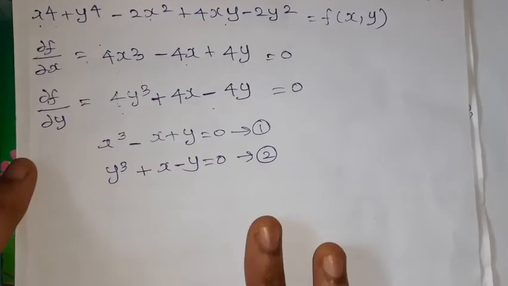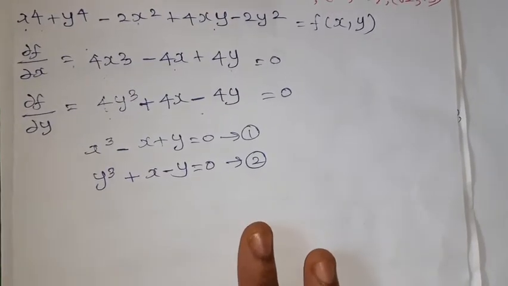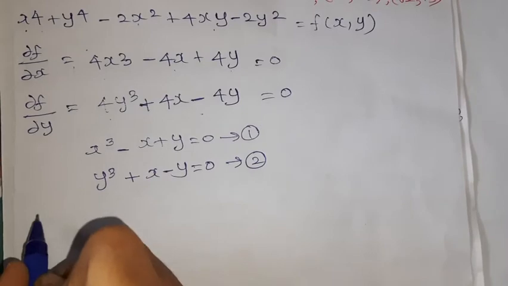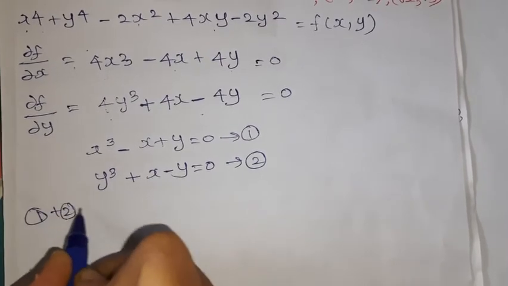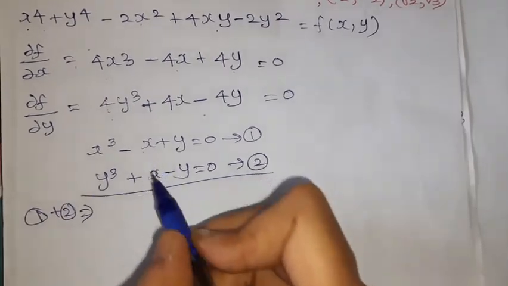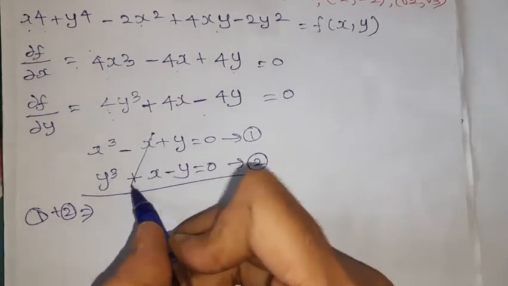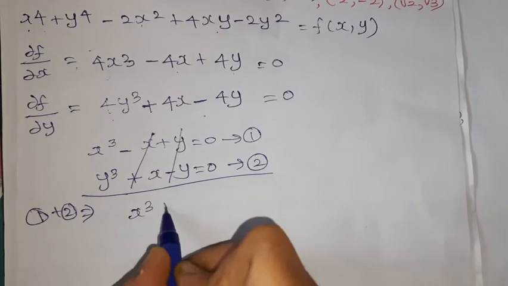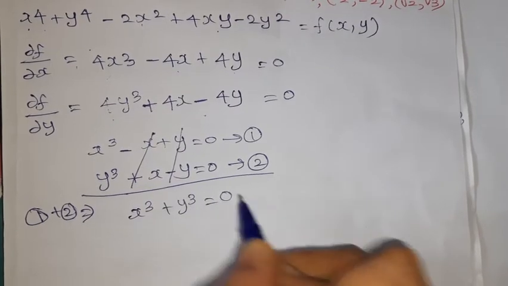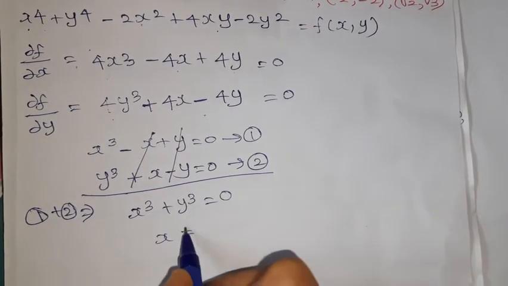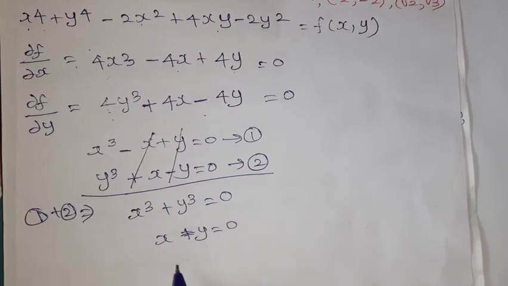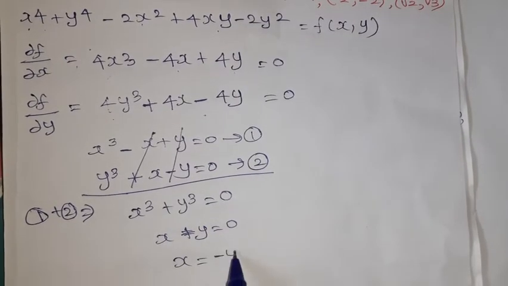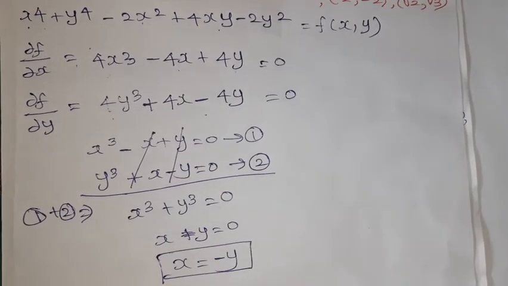So by solving these equations we can find out the points. So adding 1 plus 2, these and these get cancelled, x minus x, y minus y, and then x cube plus y cube equal to 0, or x plus y equal to 0, or x equal to minus y. Okay, x equal to minus y.